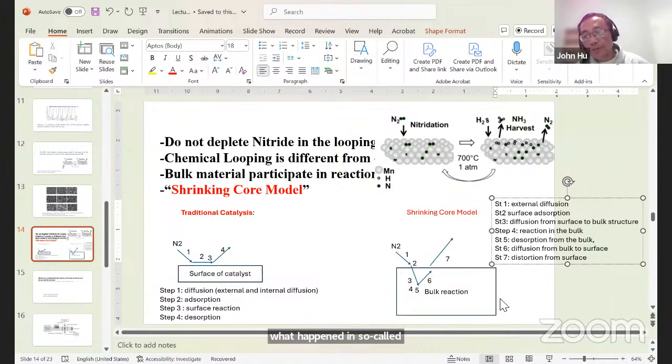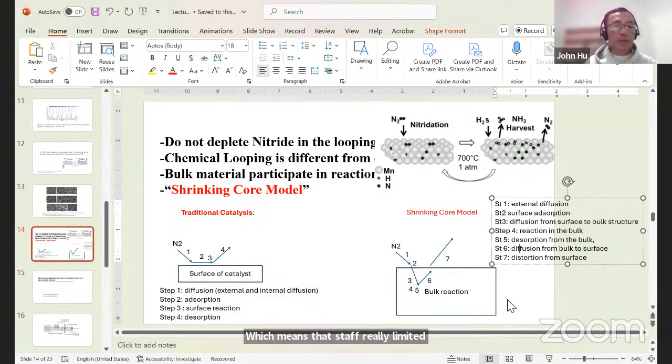So here's my question. From step one to step seven, can you tell which step could be the most difficult, or is called the rate determination step, which means that step really limits the overall process?